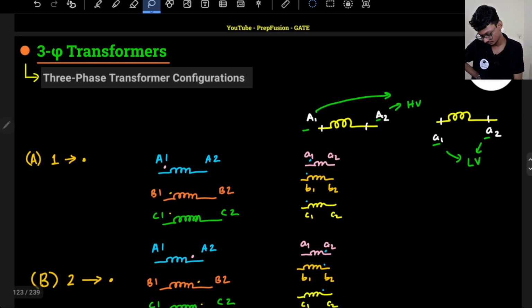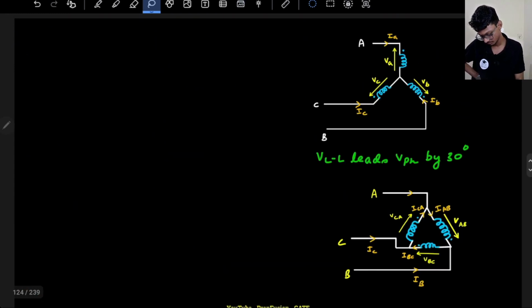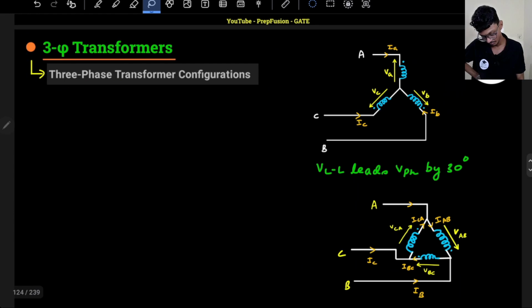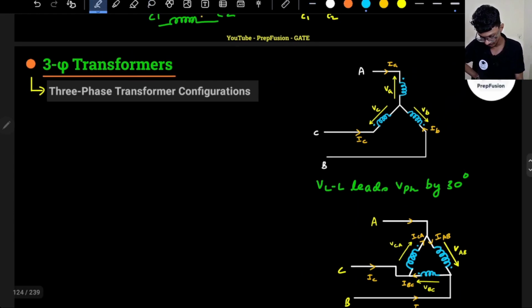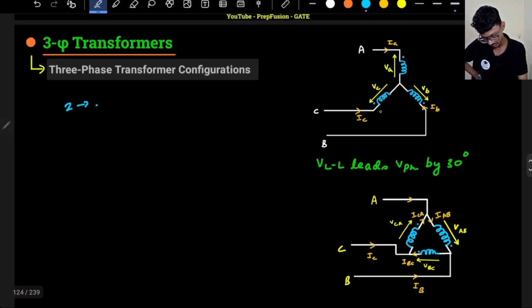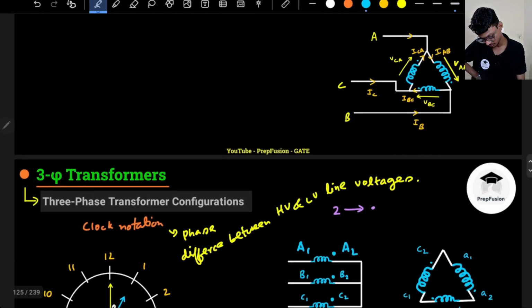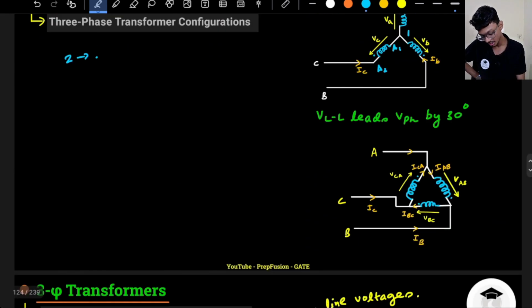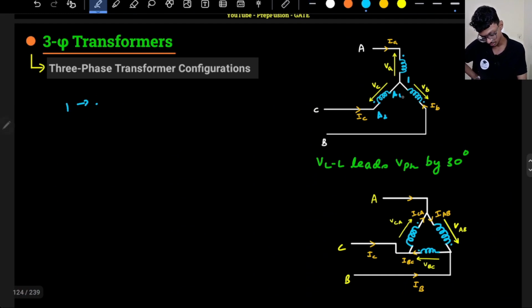Let's assume here 1 is with dot, and these are high voltage winding. So this will be A1 A2, this will be B1 B2, and this will be C2 C1.